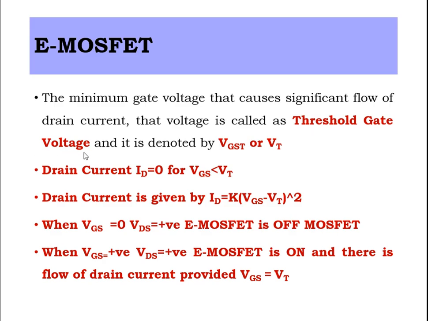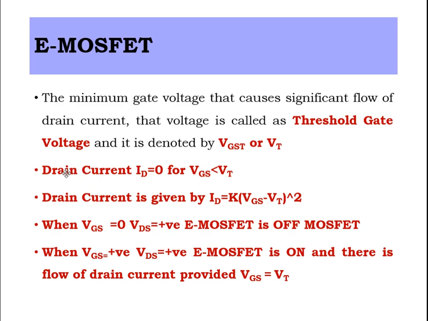So the threshold gate voltage is the minimum gate voltage that causes the significant flow of drain current, and it is normally denoted by VGST or VT. So VGST or VT is nothing but the threshold gate voltage, the minimum gate voltage that makes the significant flow of the drain current.